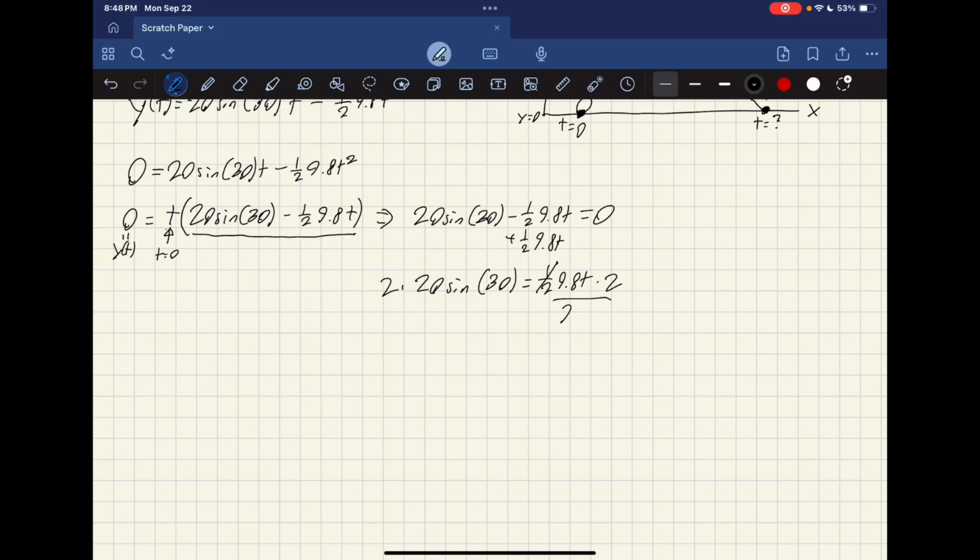And then divide both sides by 9.8. So that gives us our final value that t equals 2 times 20, which is 40, sine of 30 all over 9.8. Let me plug that into the calculator real quick.